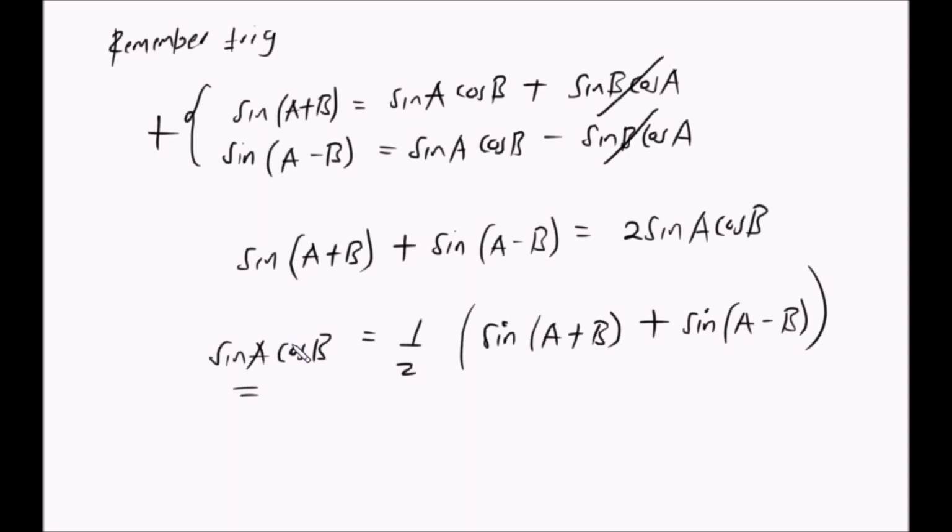So let me start a fresh page. We have seen that sine of A times cos of B is equal to 1 over 2, sine of (A plus B) plus sine of (A minus B).